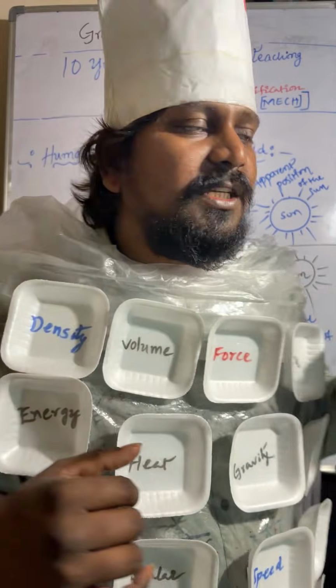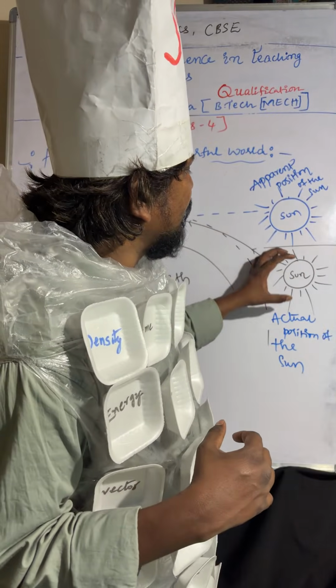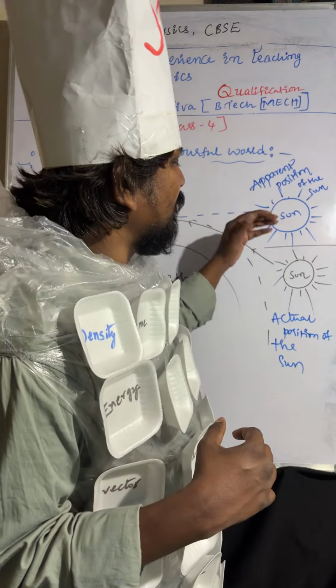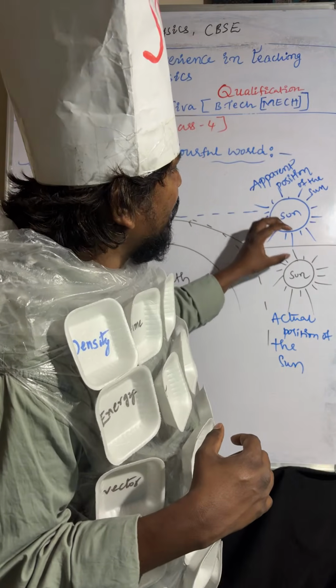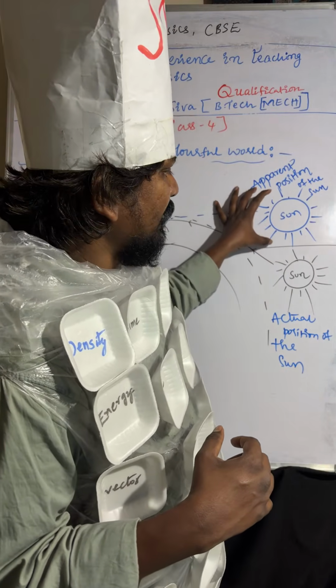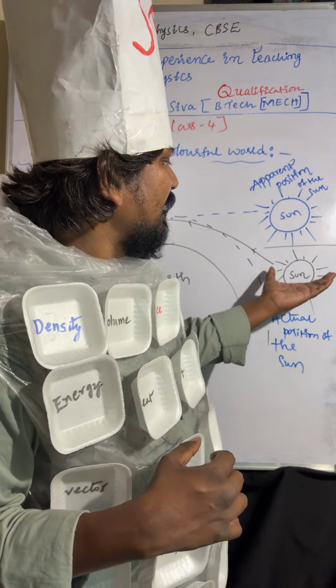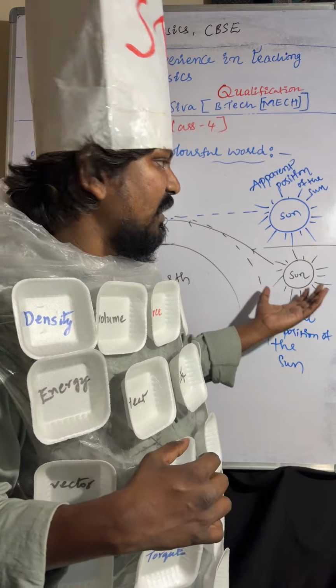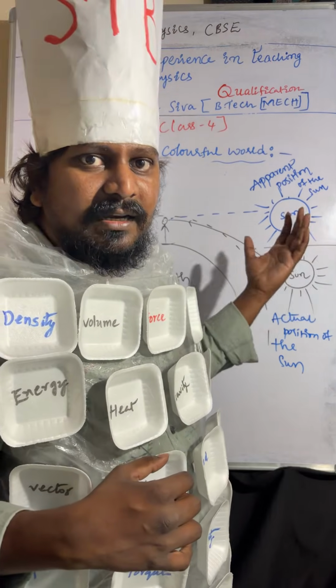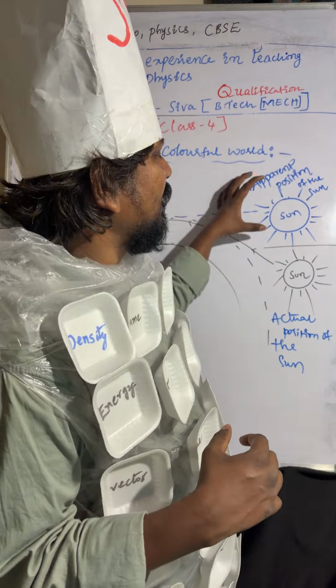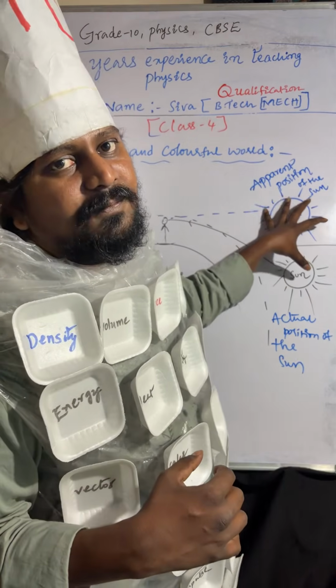Because of the atmospheric refraction, actually the sun still didn't rise. Even though we didn't see the sun here, the sun is here itself. It didn't even rise to this position, but it appears here.